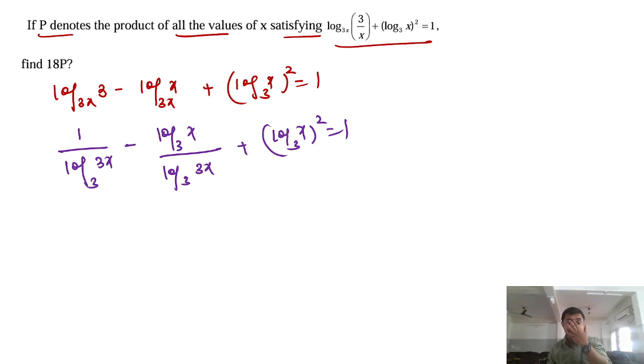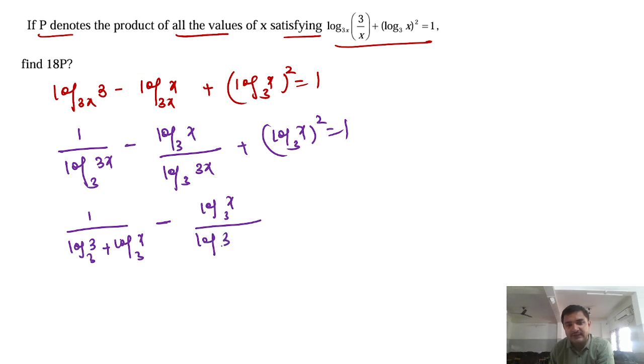So that we'll be having same base throughout, right? Okay, in that case, you people let me know. 1 by, we can write it as log mn, log m plus log n, log 3 plus log of x base 3 minus log of x base 3 divided by log 3 plus log of x base 3 plus log of x base 3 whole square. It is actually equal to 1.